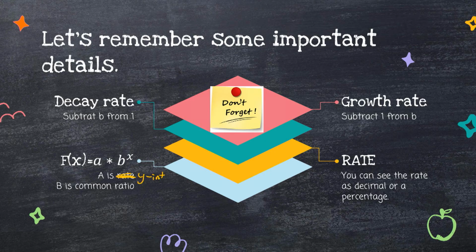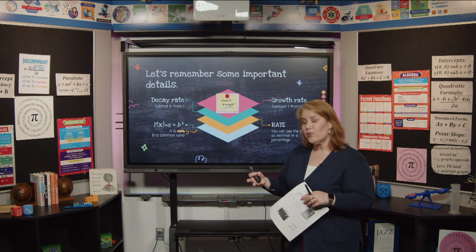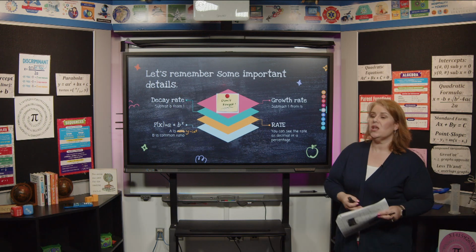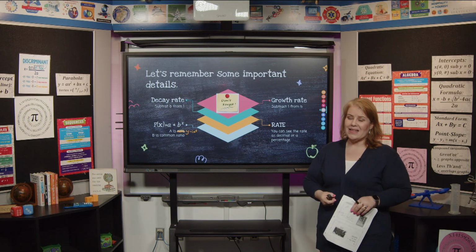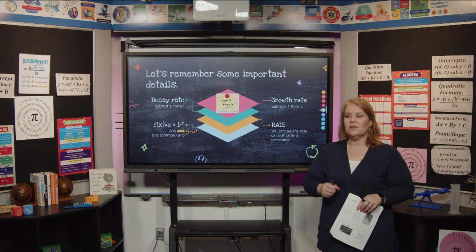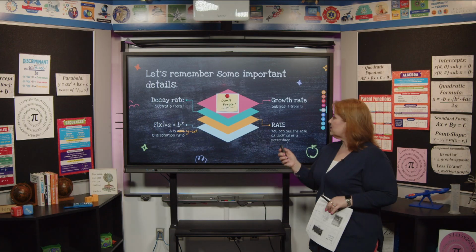We want to make sure we got that clear. And b is my common ratio. And then the rate, you can see it as a decimal or a percentage depending on if it's growing, if it's a decay, if it's an appreciation or a depreciation. It's all depending on the passage. That's why it's so important to make sure that we're annotating these passages.